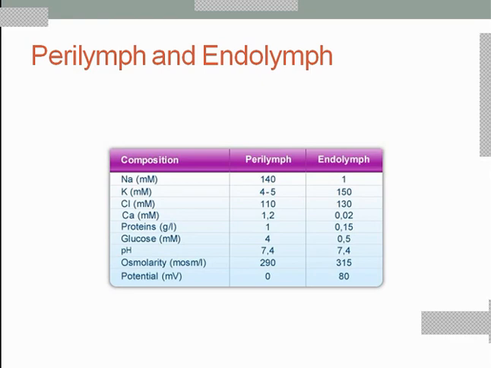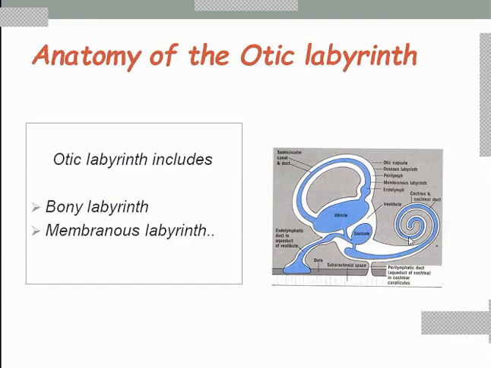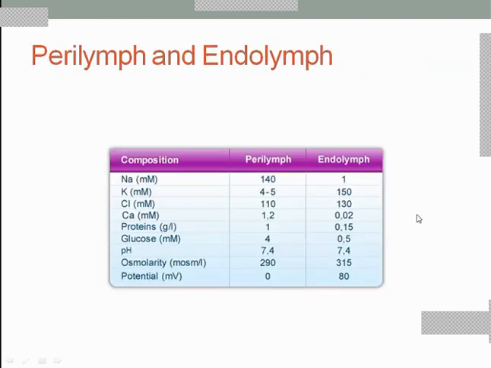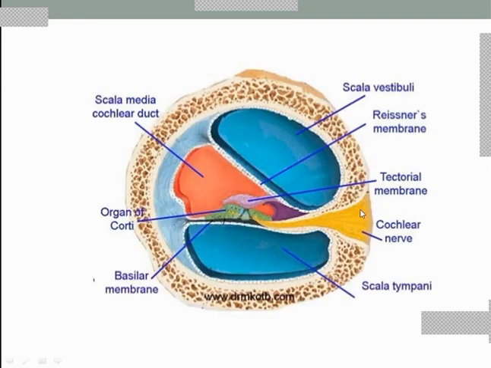If we take a cross section of a coil of the cochlea, I'll show you. This is a cross section of a single coil of the cochlea. Here the blue one is the perilymph, whereas the orange one is endolymph. They are separated by the membranous labyrinth.